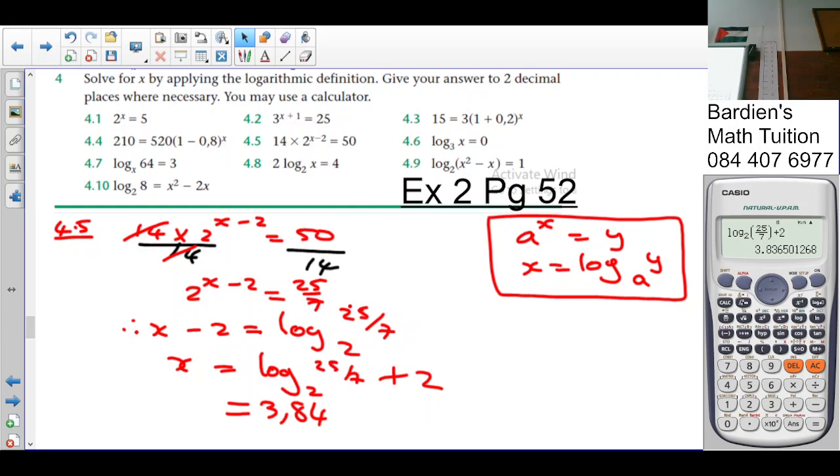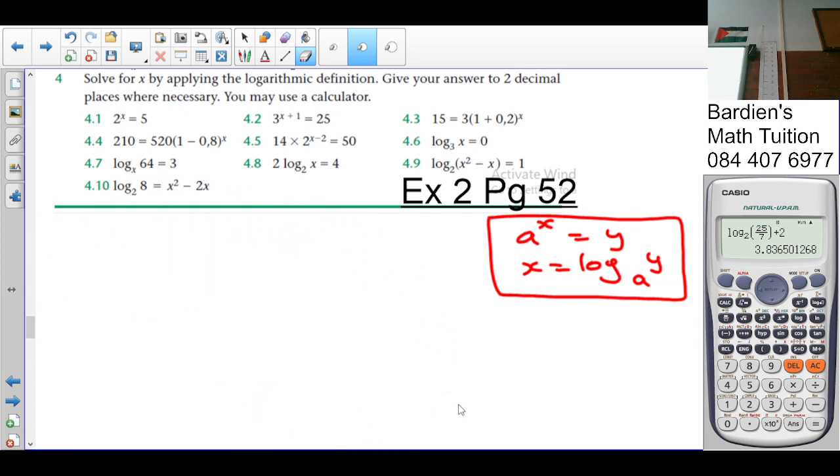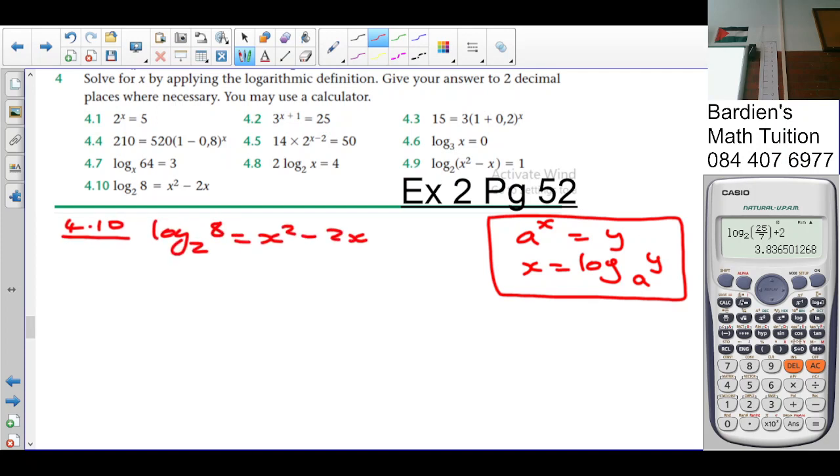Any issues with 4.6, 4.7, 4.8? No problem. Okay, nice. 4.9, 4.10. Yes. Here we got log 8 base 2 is equal to x squared minus 2x.